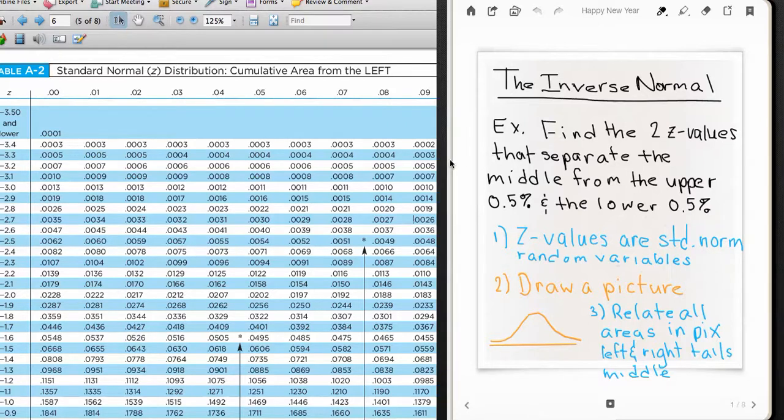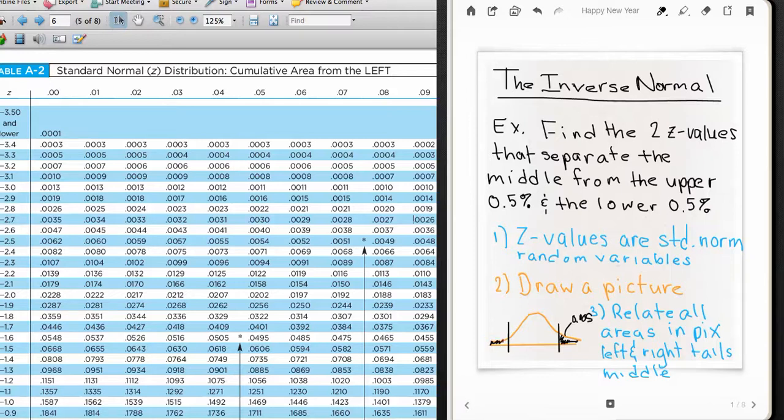So first of all, we're going to do an example where we're going to find two z-values that separate the middle from the upper 0.5% and the lower 0.5%. Now what this means visually is that we're going to be looking at here and here as cutoffs, and we're saying that there's this 0.5% here, which is 0.005.